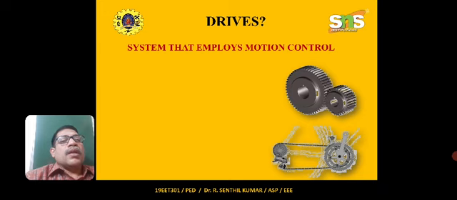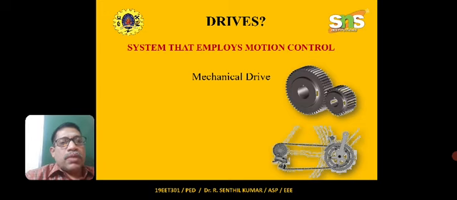Here again there is a transmission of power from a lower speed to a higher speed. These are called mechanical drives, which are the basic drives that emerged in the world initially.